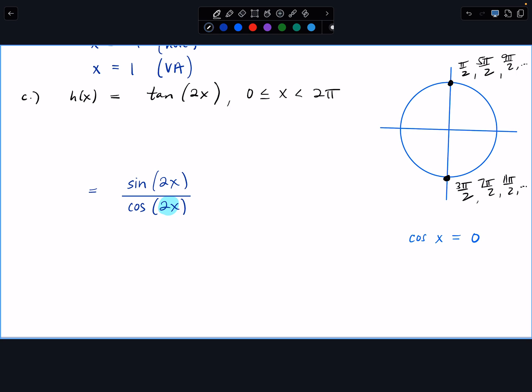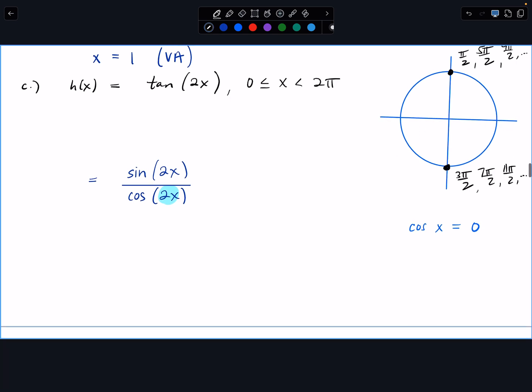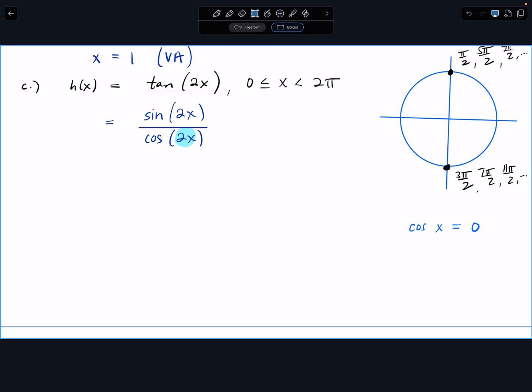So this is how we're going to answer this question. Cosine of x is equal to 0 when x is equal to pi over 2, 3 pi over 2, 5 pi over 2, 7 pi over 2, 9 pi over 2, and so on.